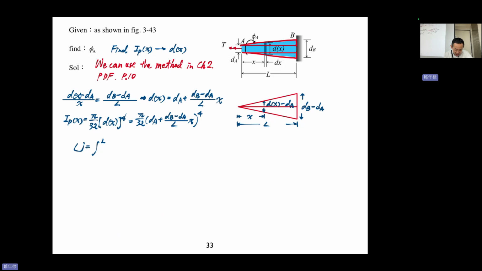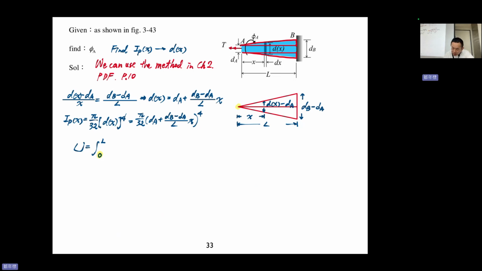But today this is okay. The reason is that our x does start at the beginning, at x equal to 0.